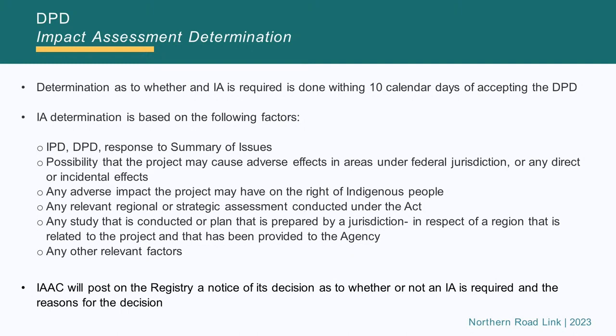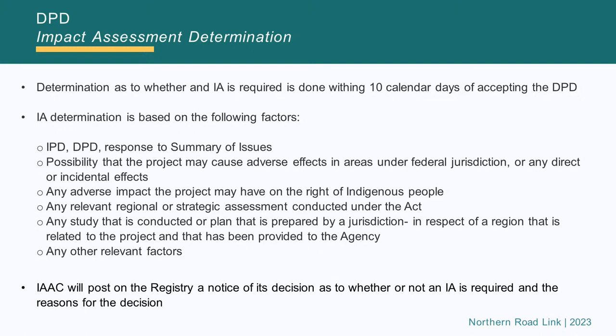It could be based on the possibility that the project may cause adverse effects in areas under federal jurisdiction, or any direct or incidental effects that could come from the project. Another factor would be any adverse or negative impact the project might have on the rights of Indigenous people.